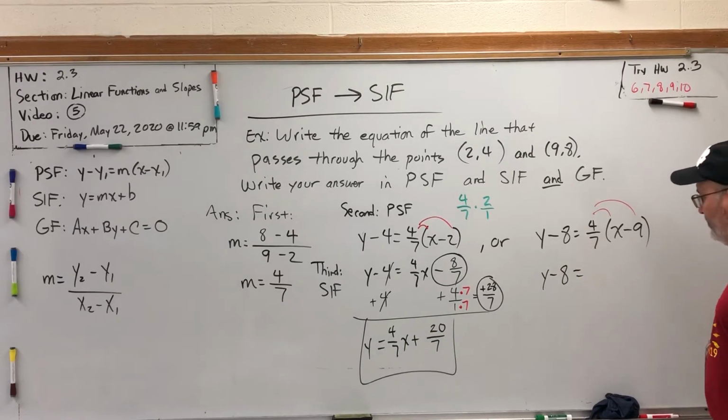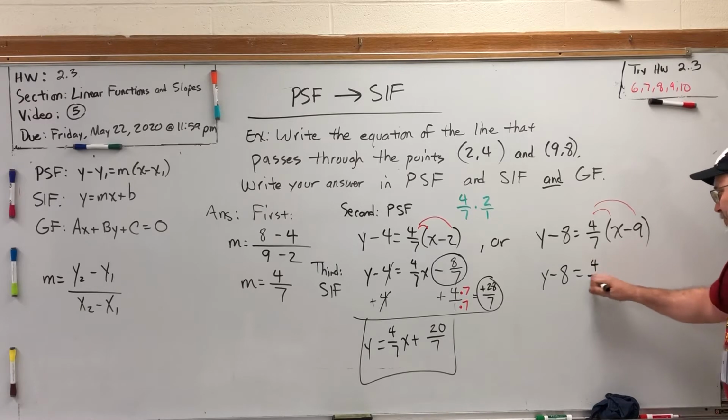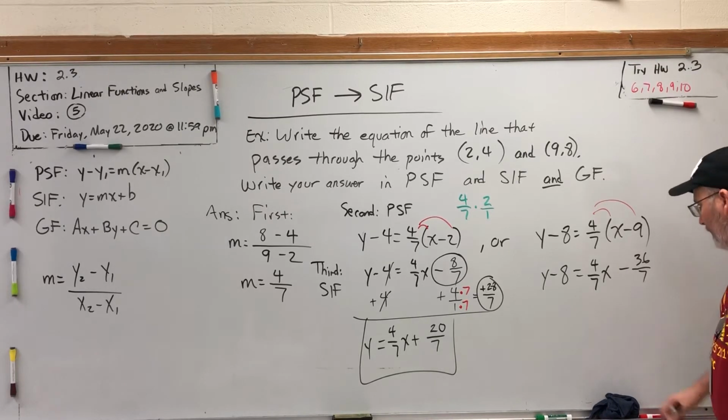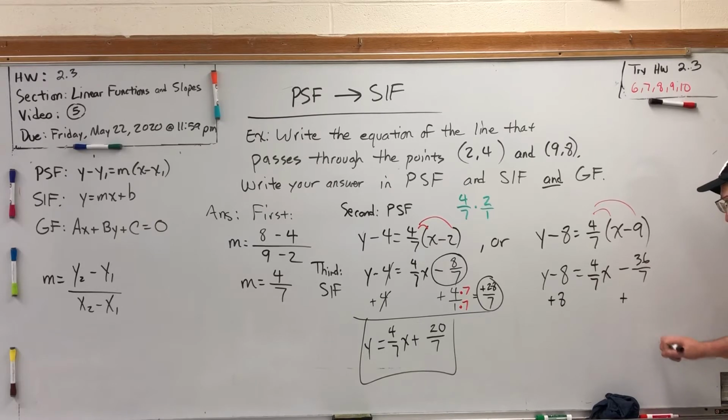Distribute the 4/7 and we get y minus 8 equals 4/7 x minus 36/7. If you need to slow down and do the multiplication, that's what you do, but you'll get minus 36/7. I need to add 8 to both sides, but before I write +8, I already know I need to turn it into sevenths.